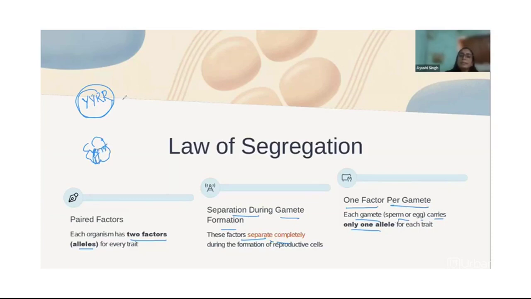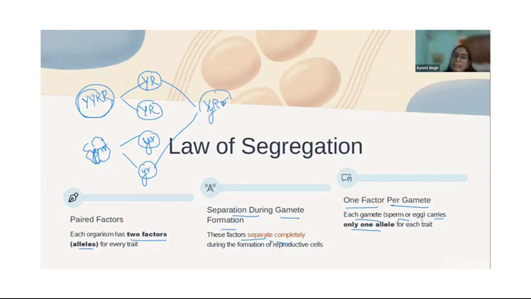Now what happens? It will produce gametes. Here the type of gamete will be the same, right? Like this only. Here this is YR and small yr. Once these combine, the F1 generation will be formed, right? So F1 generation will have this.